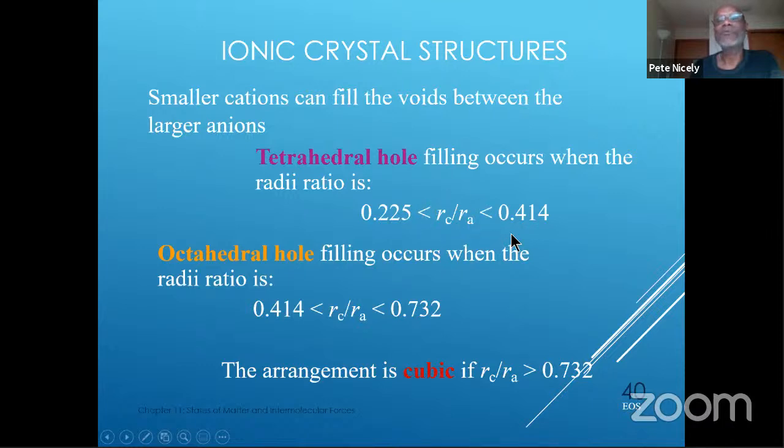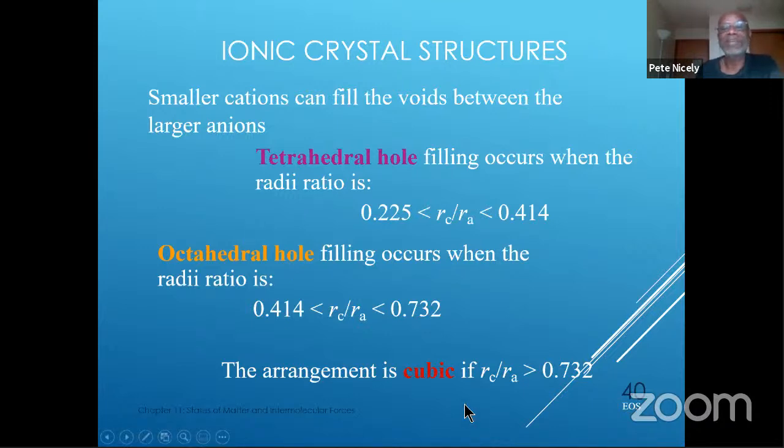So if the ratio falls within this range, then you'll have tetrahedral hole filling occurring. Now, if the ratio falls within the range from 0.414 to 0.732, then you tend to have octahedral hole filling occurring.